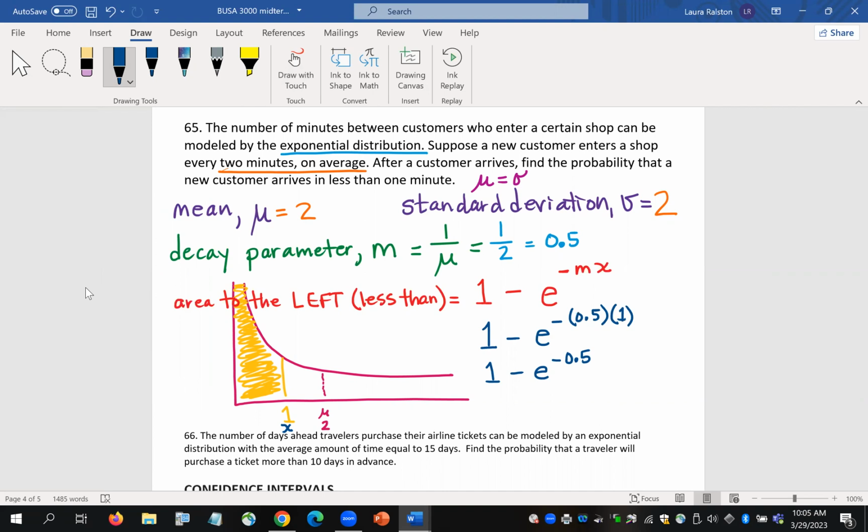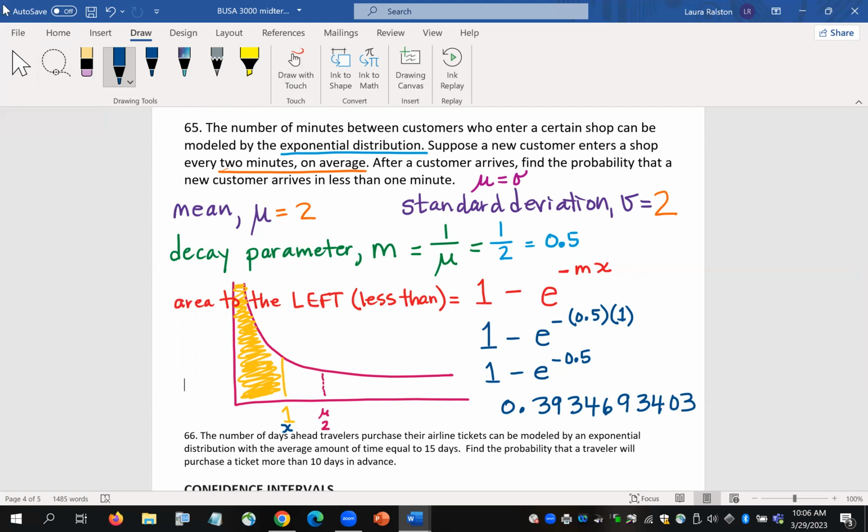So I have 1 whole minus, I press second LN to get my E, negative 0.5, and enter. And I get a value of 0.39346934003.